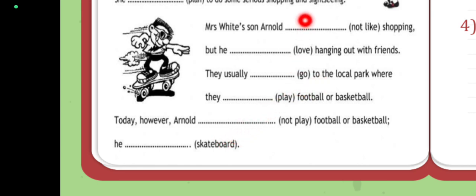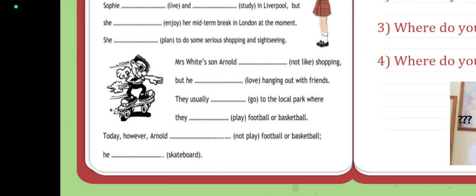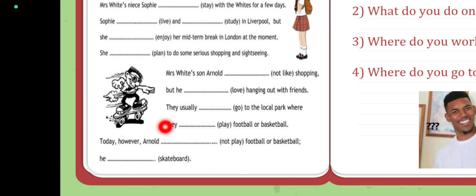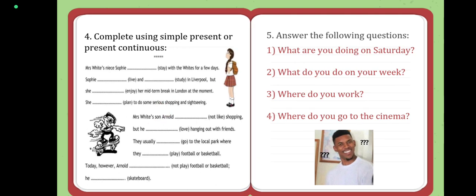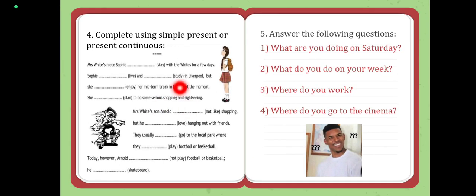And for the other four blanks, we use present simple because he doesn't like, he loves, he usually goes, and plays is something that is habitual for him. It is a habit for him. Is this clear? Okay.